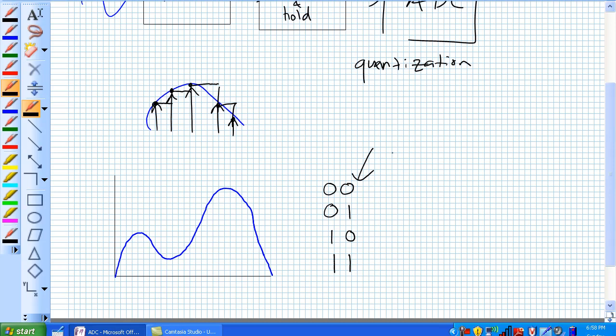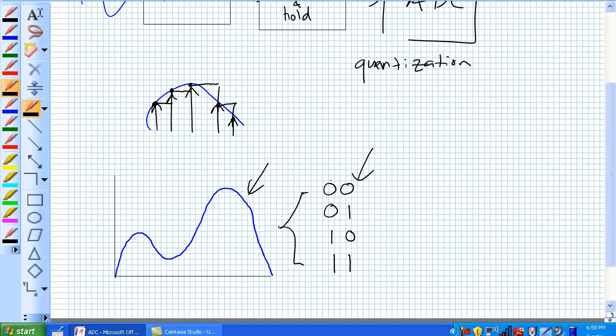You can already see what's going to go on here. With only 4 categories, our digital approximation, our end result, is not going to look as pretty as our analog version of it. If you're trying to divide this analog thing into one of these 4 categories at every moment in time, it's not going to look so good.